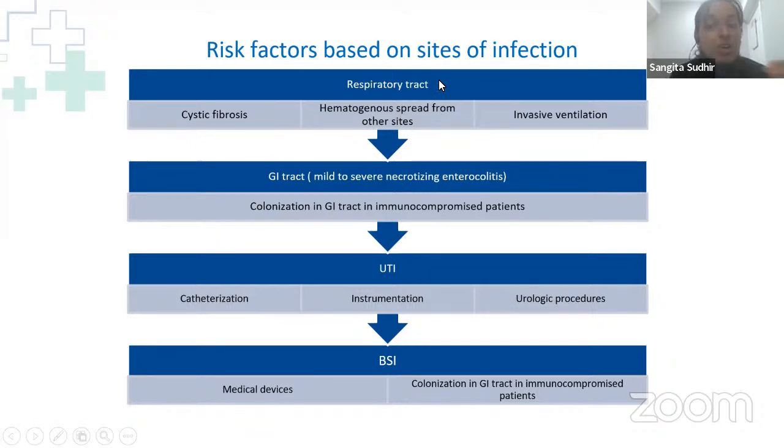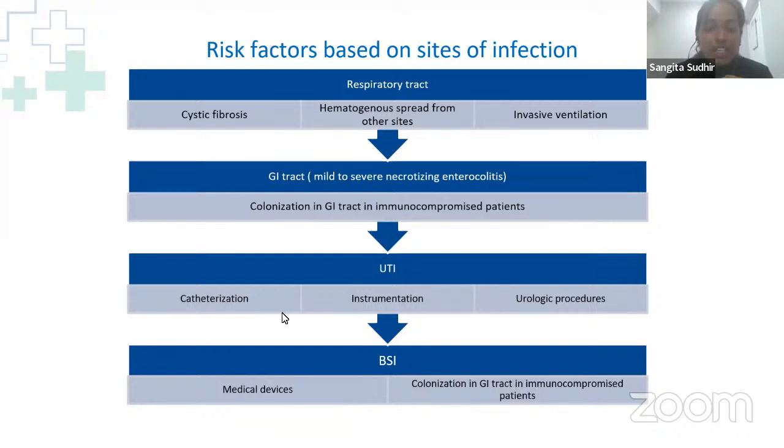And one other cause for respiratory tract infection could be invasive ventilation. As we already discussed, when the ventilator or ET tube is in situ and there is a breach in IPC practice, these organisms can invade the host, colonize the medical device, form a biofilm, become a pathogen, and cause the infection.